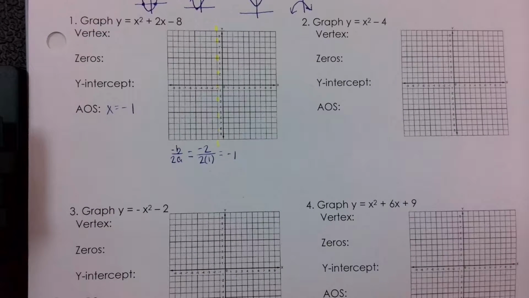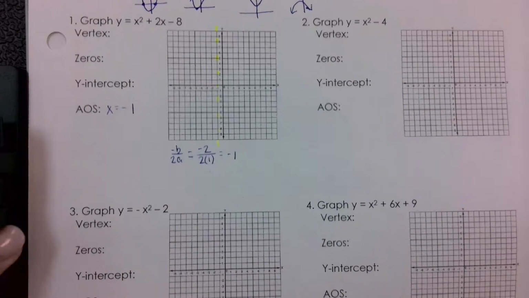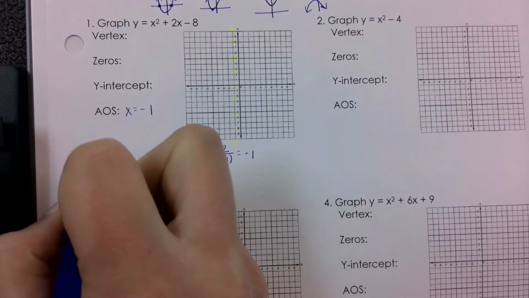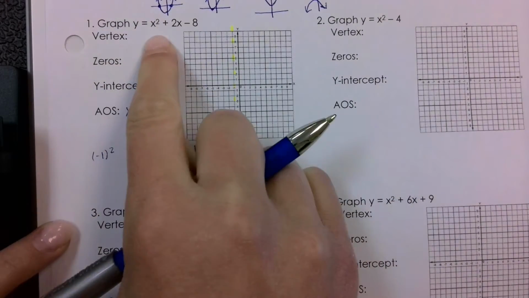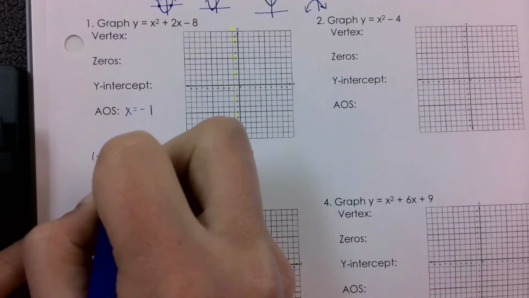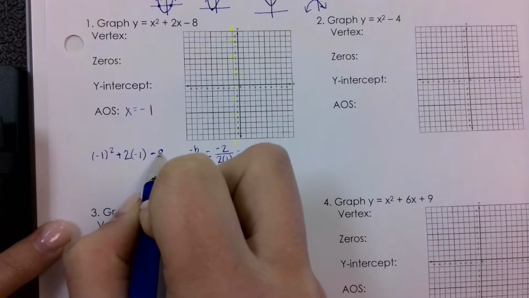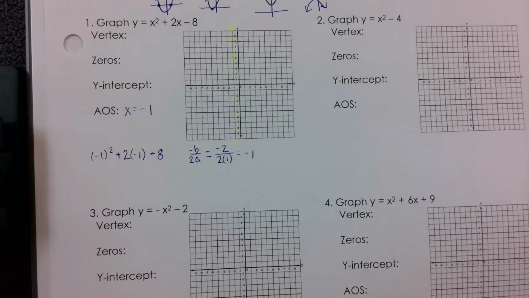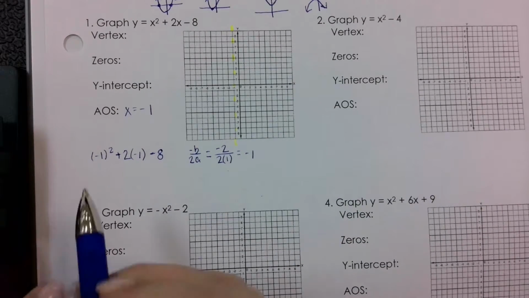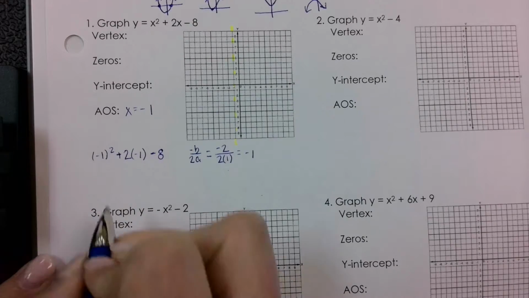So then once you have the axis of symmetry, or the x value of your vertex, how do we get the y value? Plug it back in. So you're going to have -1 squared plus 2 times -1 minus 8. So what is -1 squared? 1.